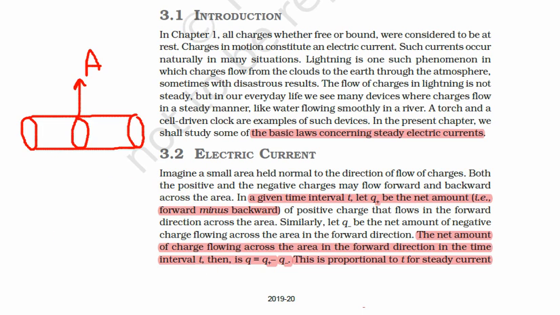Now let us see what is happening. This is a copper wire. Initially let us say we take a very small time interval t. There are positive and negative charges on both sides of this area.